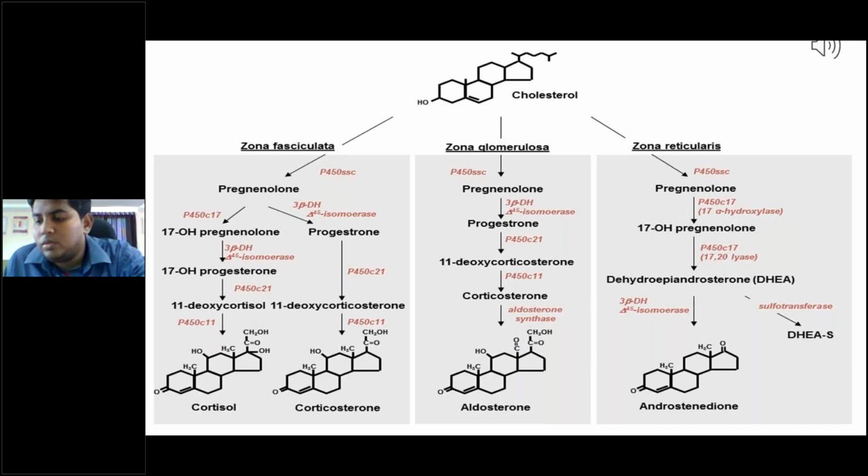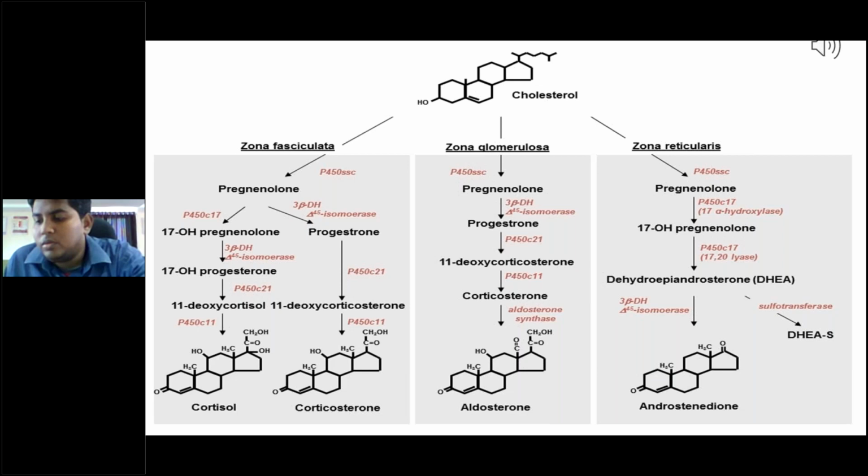Depending upon the layers, the outer layer glomerulosa secretes mineralocorticoids such as aldosterone, the middle layer fasciculata secretes cortisol and corticosterone, and the inner layer secretes androstenedione, just androgens. First, cholesterol is converted into pregnenolone in all these cases.